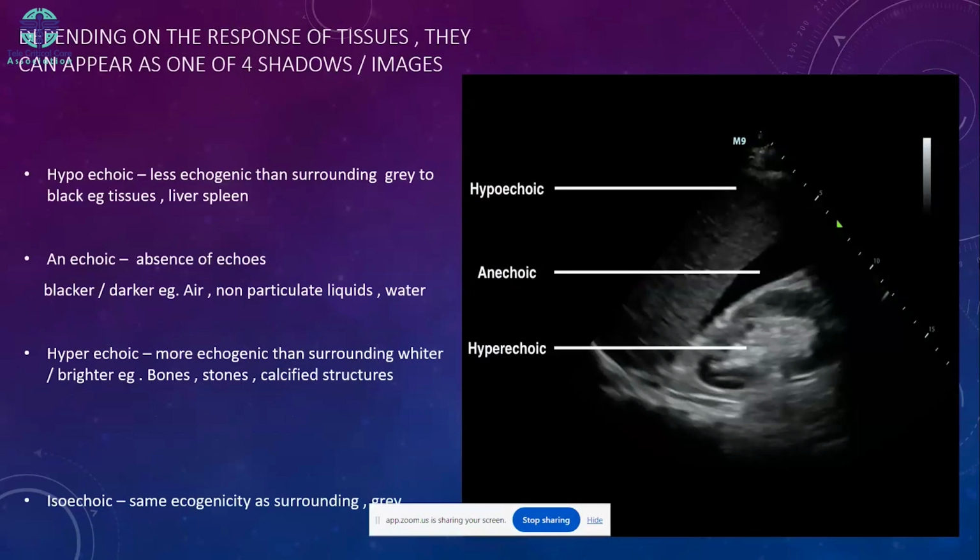Anechoic shadows have no echoes, that is absence of echoes, so they appear black or completely dark, like air or water. And there can be hyperechoic images which are more echogenic than the surroundings, so they are whiter or brighter. Bones, any calcific stones, calcific structures will appear as white or hyperechoic.